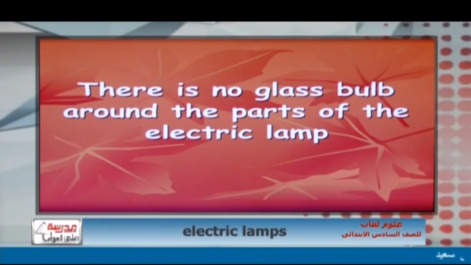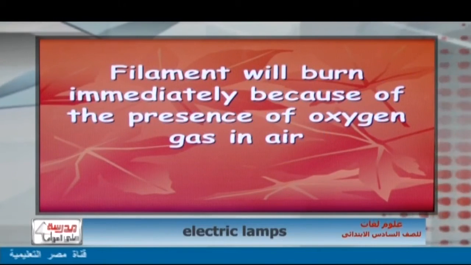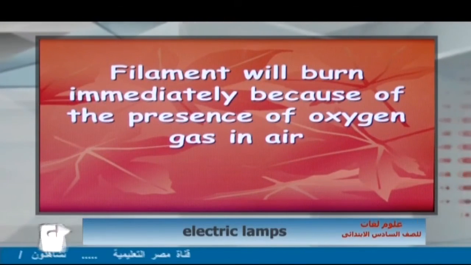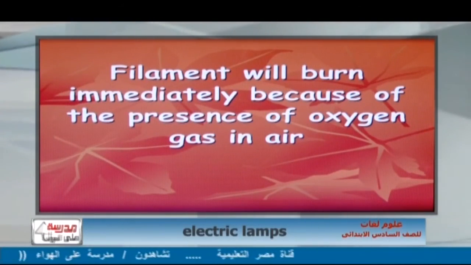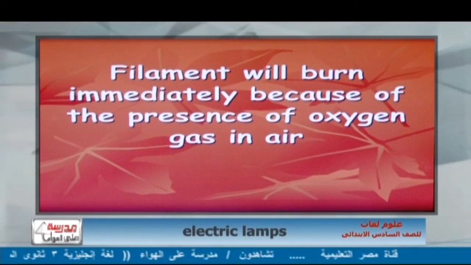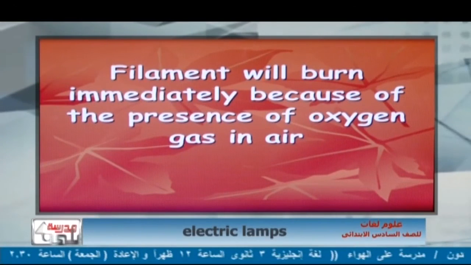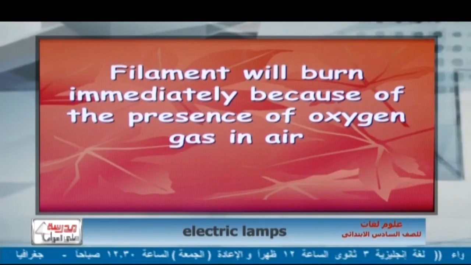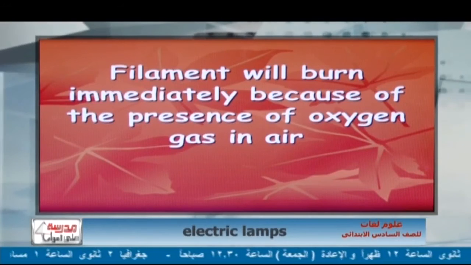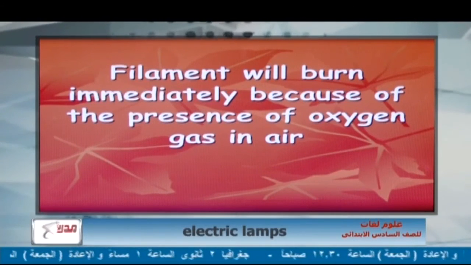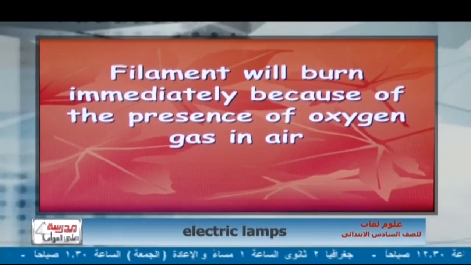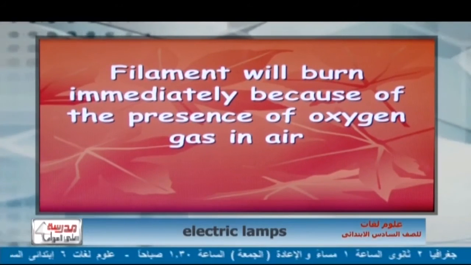We know that the filament will burn immediately because of the presence of oxygen gas in air. Here I cannot prevent air from reaching the filament, so the filament will burn immediately. So the glass bulb is very, very important. It is not possible to have a light bulb without a glass bulb.